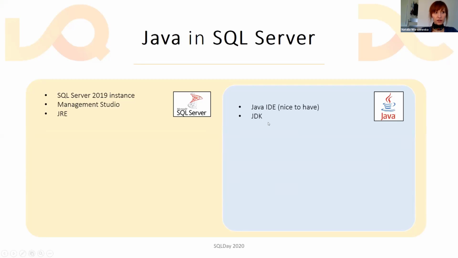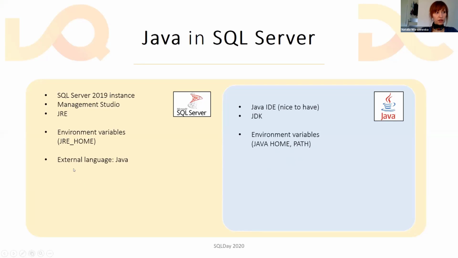And the JDK is necessary because you want to compile that Java code to classes and then prepare a jar. About additional configurations, there is JRE home, which is good to be defined on the SQL Server side. And when you are preparing your development environment for Java, it's nice to have Java home and path updated.